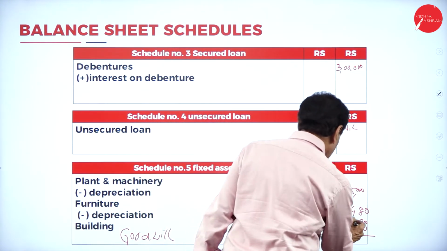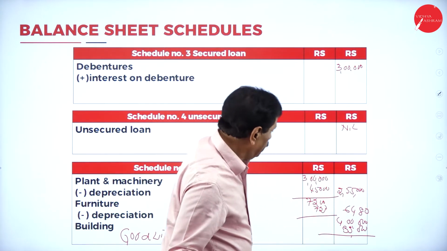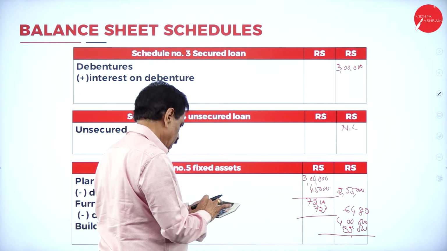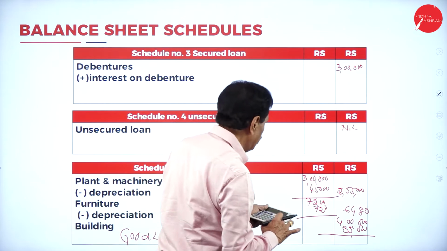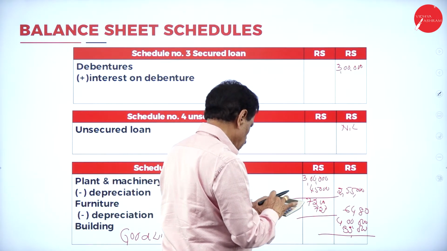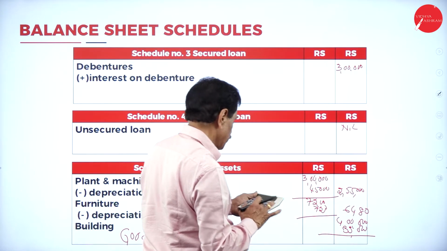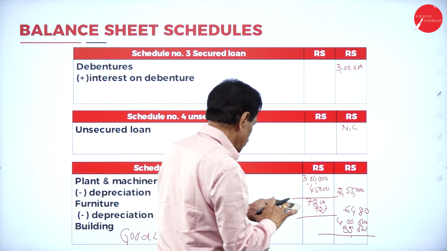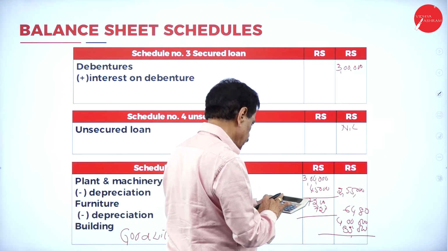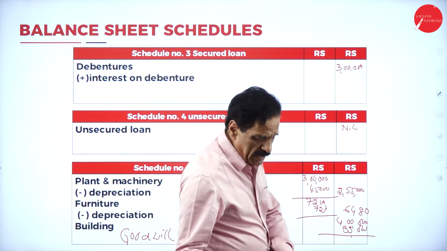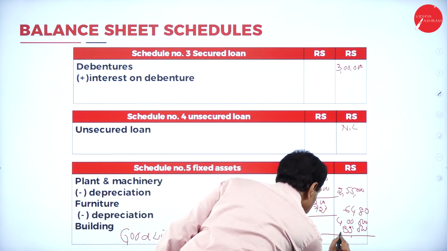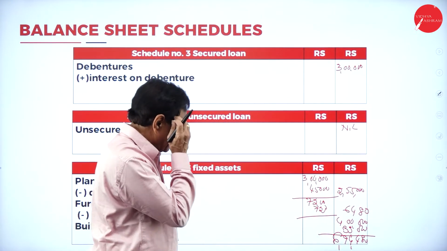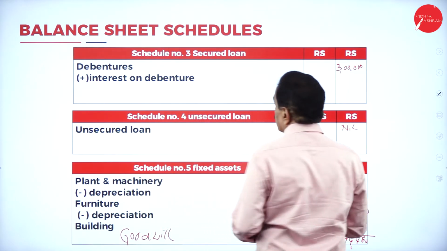Add the figure. 2,55,000 plus 6,480 plus 4 lakh plus 33,000. 6,94,480.